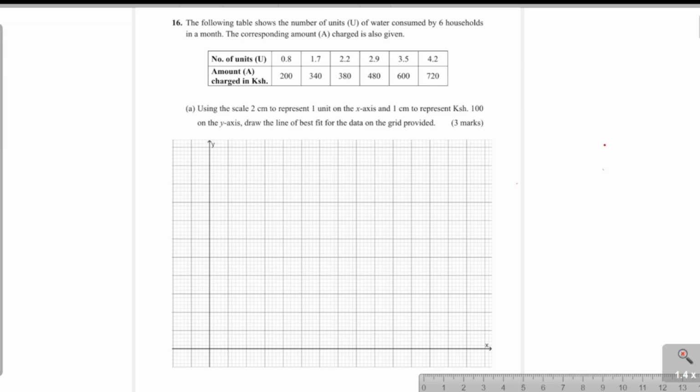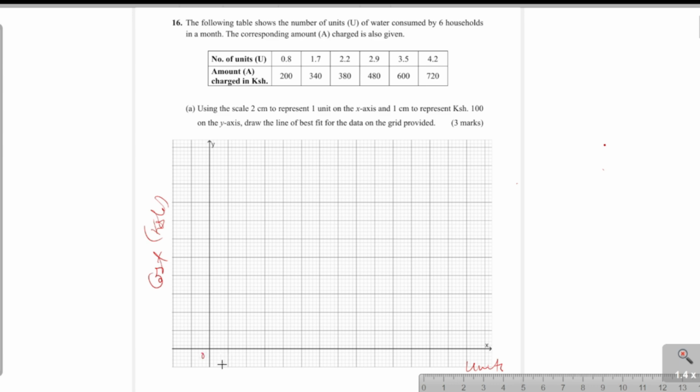So already the scale is given, so let me begin by going to the y-axis where we shall have the cost in Kenyan shillings, and then you have the units on the x-axis. So on the x-axis, 2 centimeters represent 1 unit, so that means that 1 centimeter will represent 0.5.